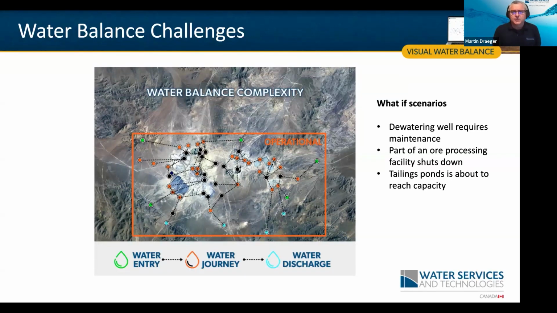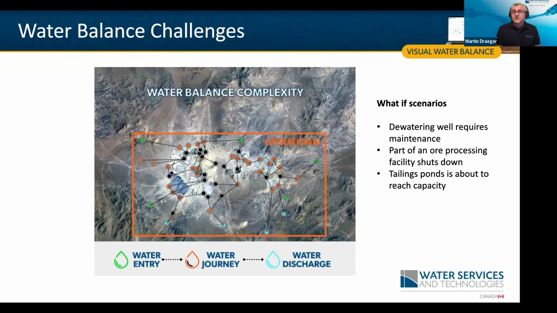Now, there are ways people break up this water balance. I like to break it up into three segments. One is operational. What's important operationally from a water balance perspective? As mining operations proceed each day, there's equipment that's being used. What if one of the dewatering wells requires maintenance or unexpectedly breaks down? How do mine operators respond to those changes, the lack of water, for example, or too much water in this case?